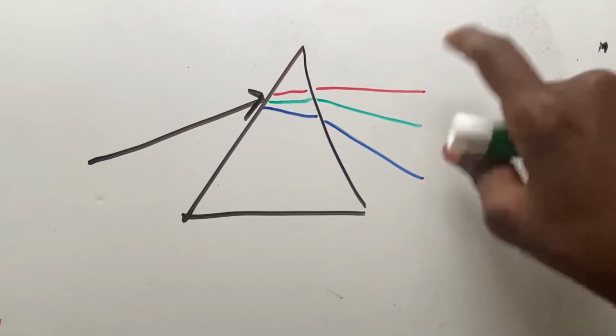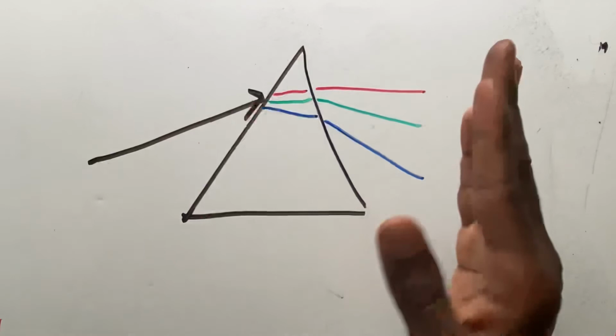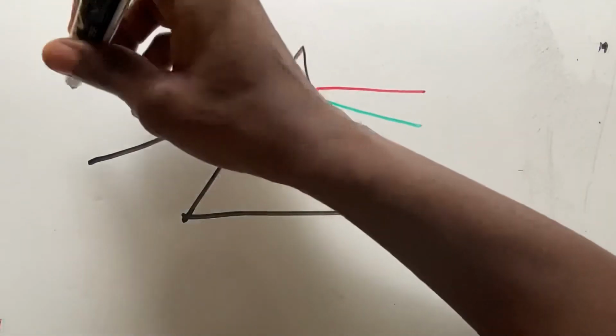So red and blue are always going to be the extremes, because red and blue are on opposite sides of the electromagnetic spectrum, right? Cool. So this light that comes in is called white light.